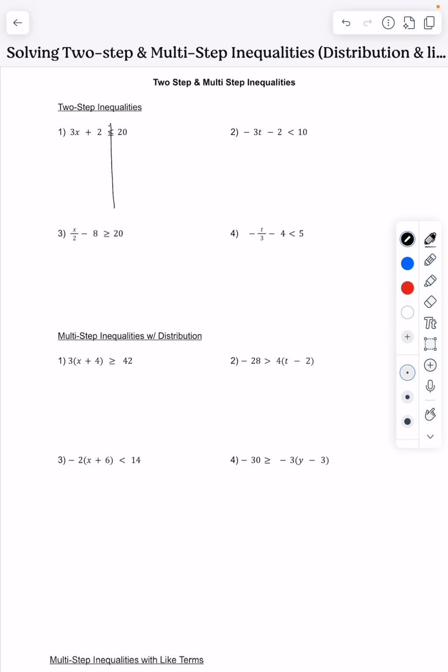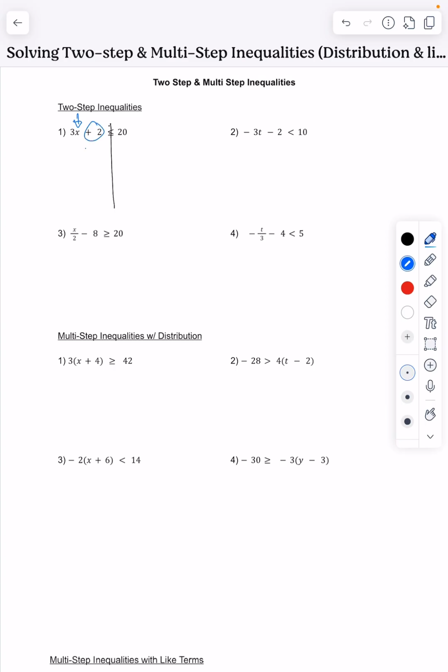Again, we're trying to solve for the missing variable. In the first one, we're solving for the variable x. I need to send all the variables to one side and all the constants to the other in order to isolate that one variable. So the first thing I'll do is move this plus 2 to the other side.